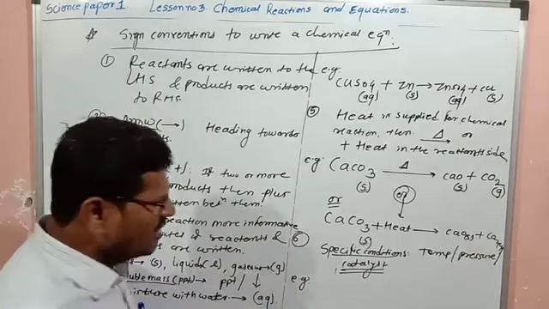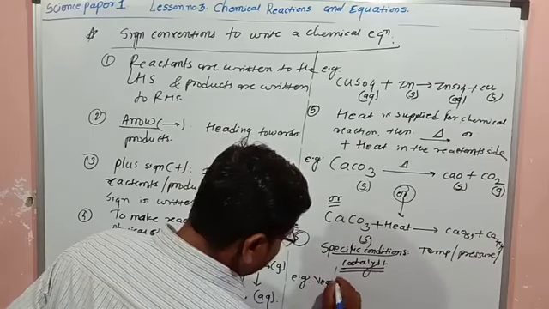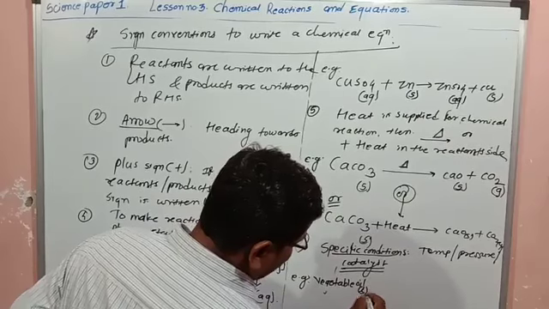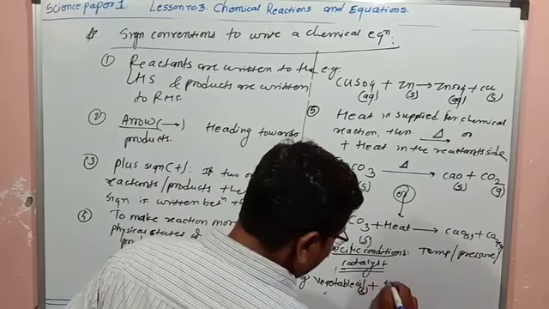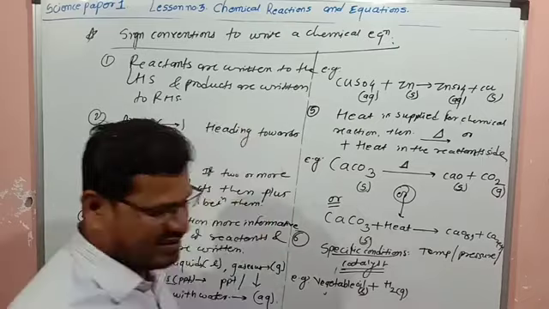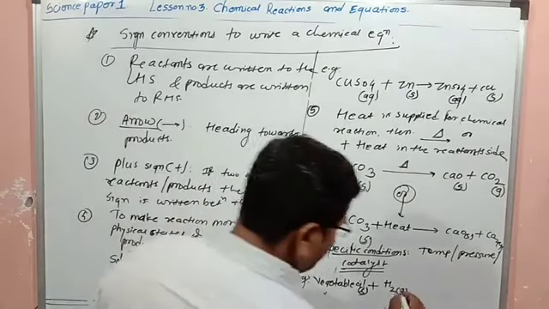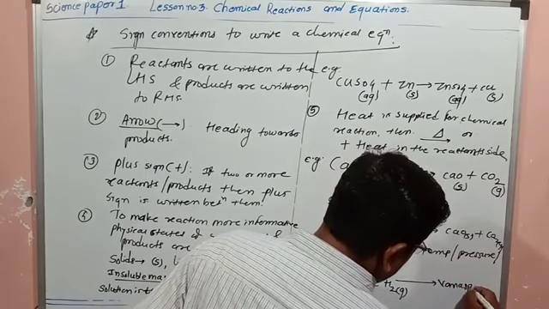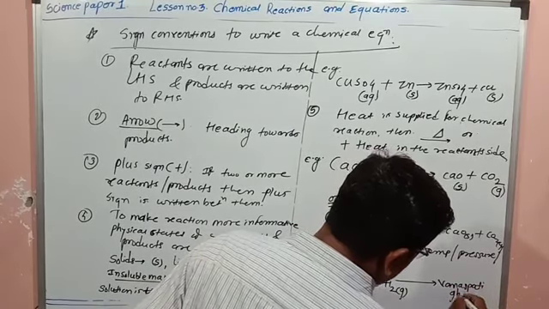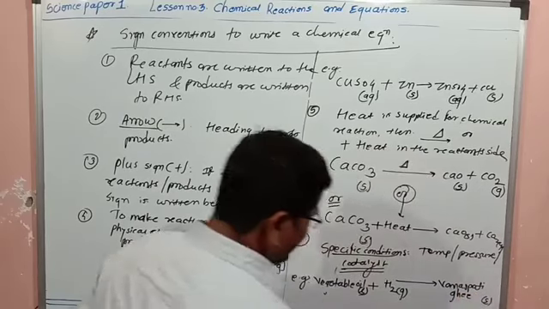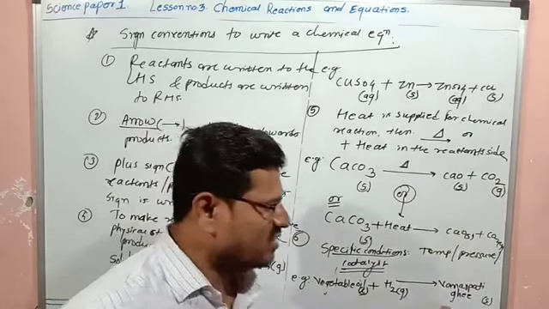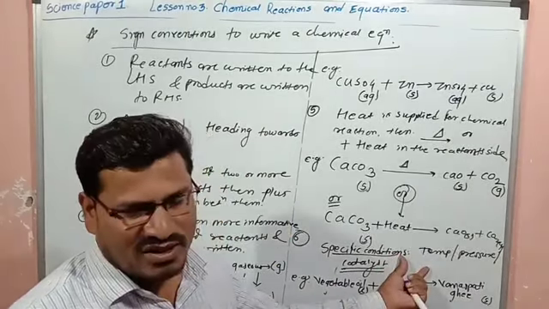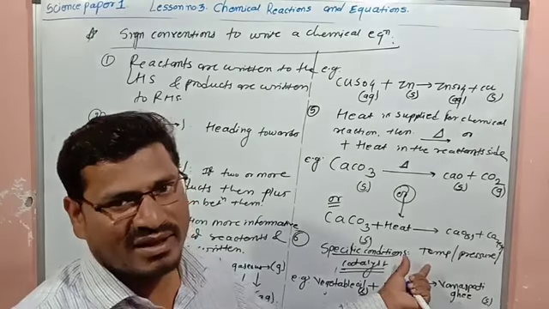Suppose you are taking vegetable oil, which is in liquid state, plus hydrogen gas, gaseous state. If you pass hydrogen gas, it will give vanaspati ghee, which is solid state. This one is unsaturated, this one is saturated, but this reaction takes place at a specific temperature and in the presence of a specific catalyst.